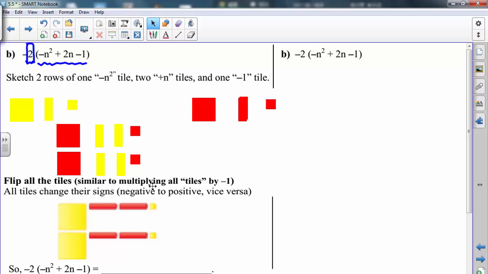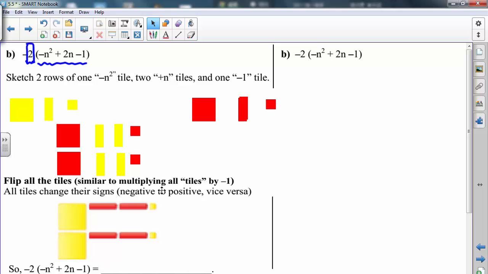This is similar to multiplying all tiles by negative 1, so all tiles change their signs. Negative becomes positive, and vice versa. So 2 big red squares become 2 big yellow squares, 4 yellow rods become 4 red rods, and 2 little red squares become 2 little yellow squares.